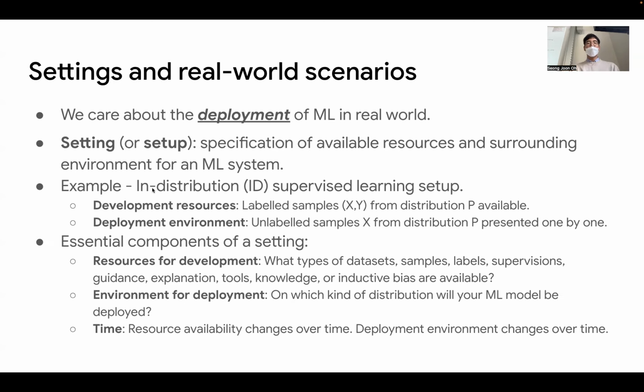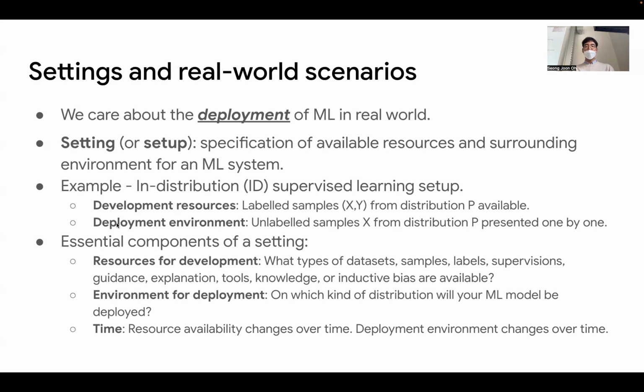So I can give you an example of in-distribution supervised learning. In this case, the development resources for developing an in-distribution generalization system is a set of labeled samples, X and Y, from some distribution that is available. So you collect a lot of samples from P, and then you label them with annotators.